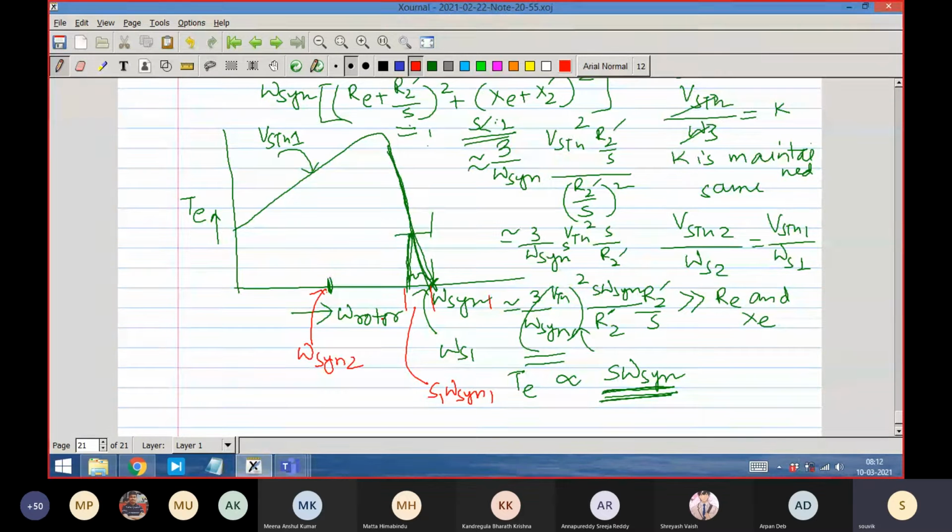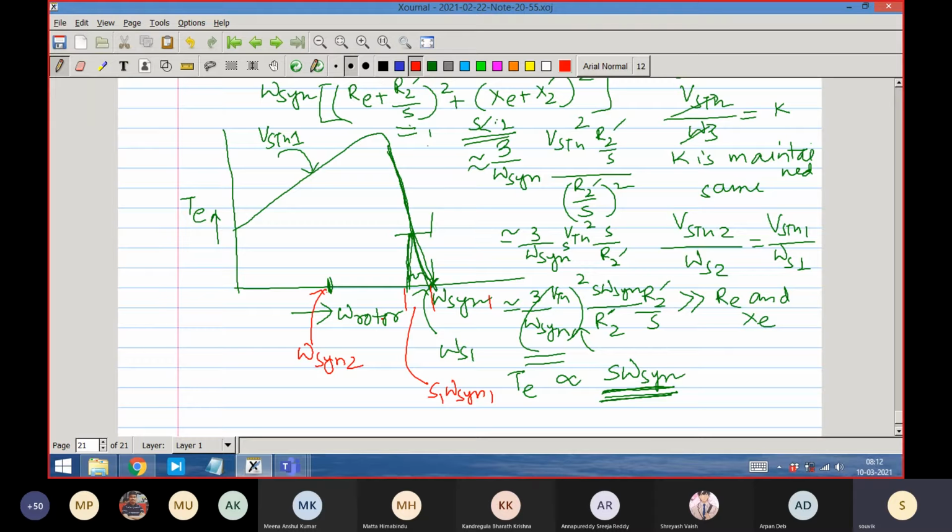Sorry, if I change the frequency but don't change the voltage, then the flux level has to adjust itself. That means the flux level has to increase and make the product equal to the applied voltage. So as we reduce the frequency, if I keep the voltage same, the flux will increase, which means the machine will saturate.